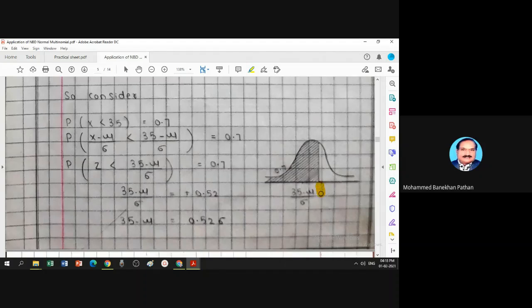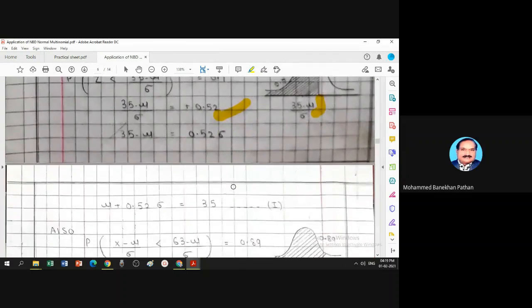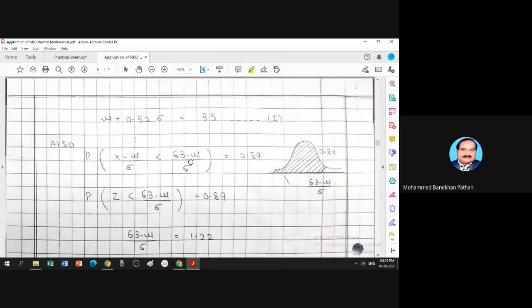So this is the location of 35 minus mu by sigma, which is above 0 because the probability is more than 0.5. So the table value is positive. This is from the table. Simplify this. You get equation 1.